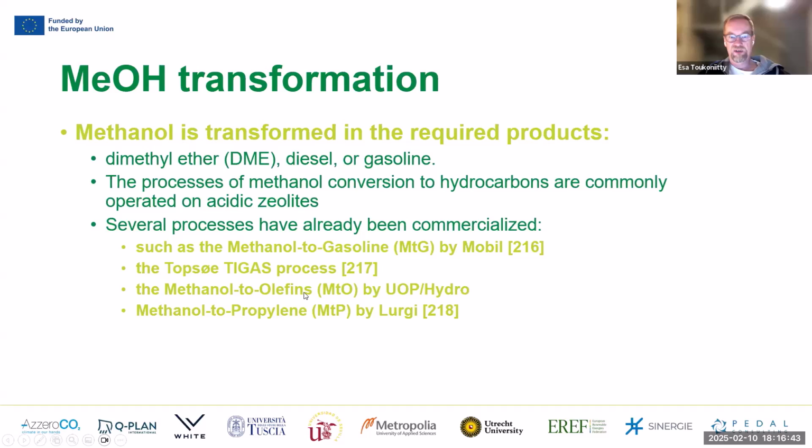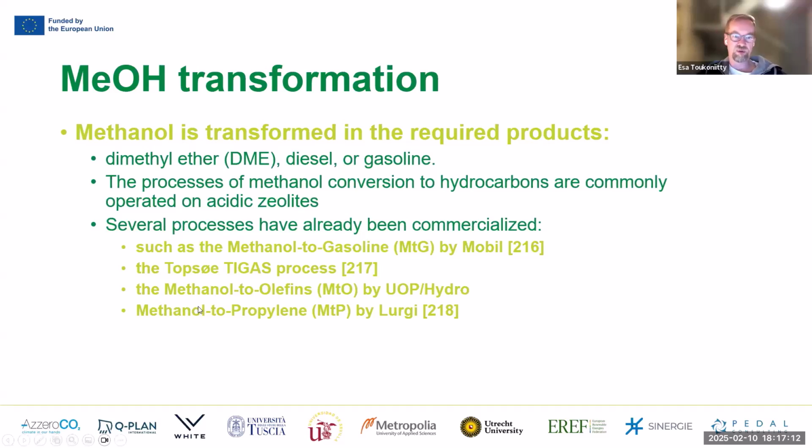Methanol to olefins process exists, so it uses methanol to make olefins. Olefin is a component which has carbon-carbon double bonds, one or several in principle, but those are useful raw materials, for example, for making polyolefins, which are like plastics, polyethylene, polypropylene, and many other alternatives.